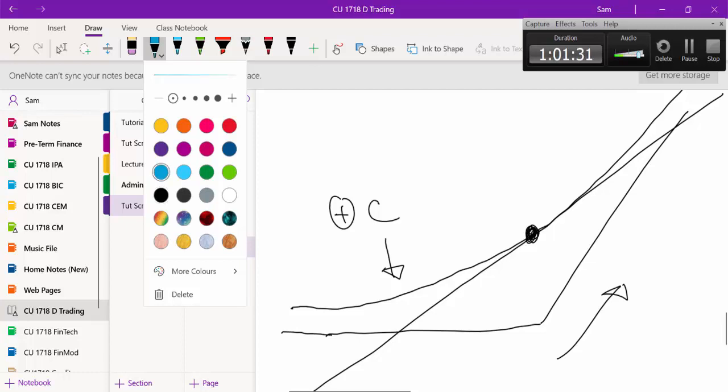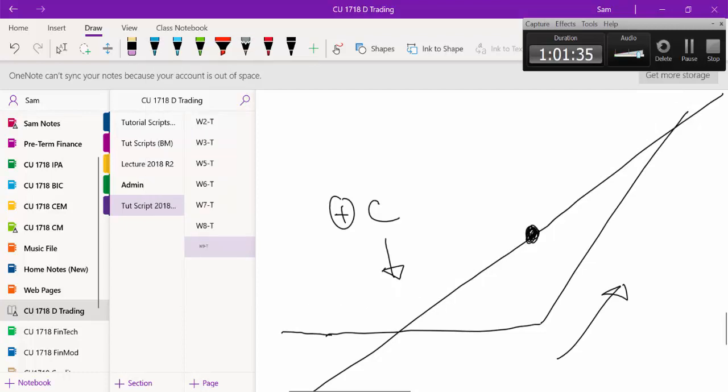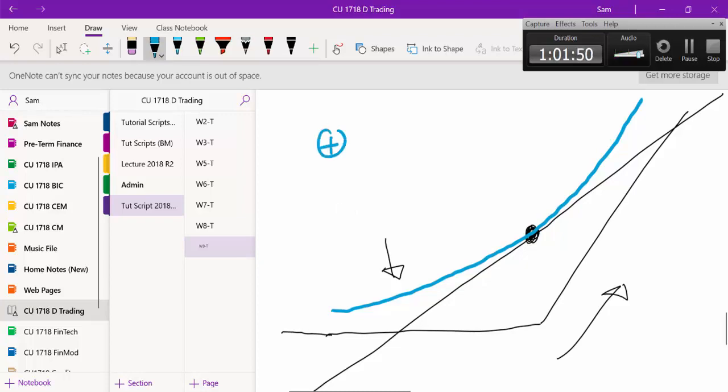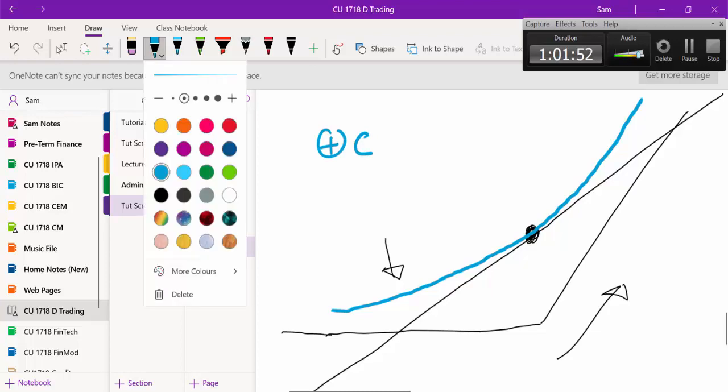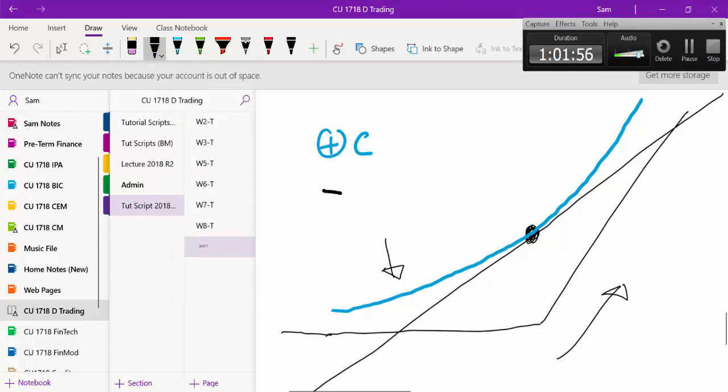I want to use the blue line. So let's imagine you are long a call, and you have delta hedged that by shorting some stocks.